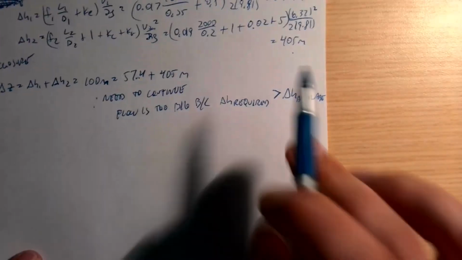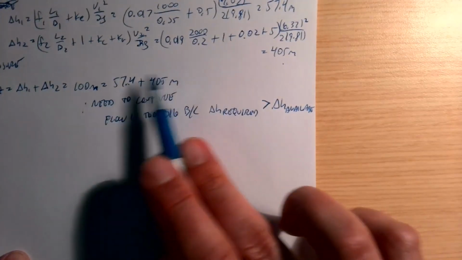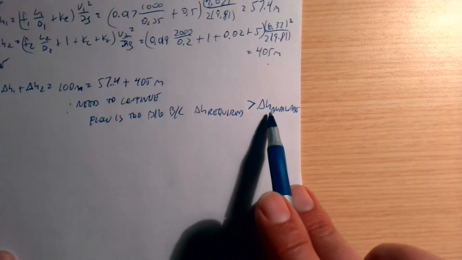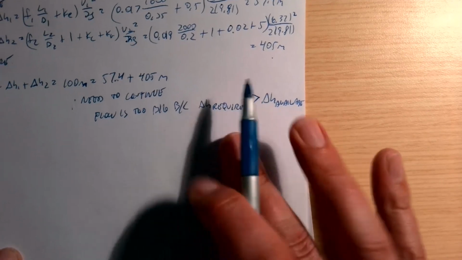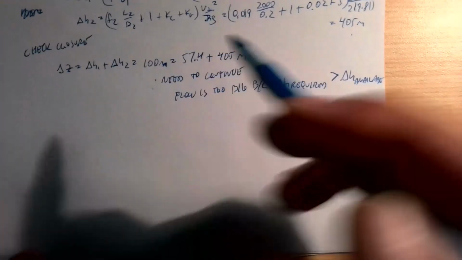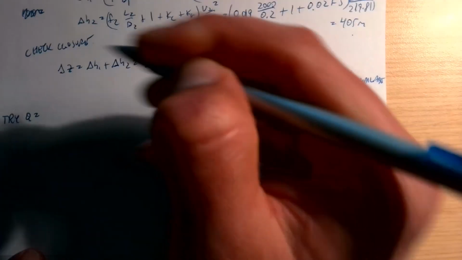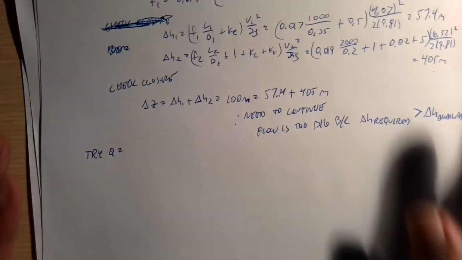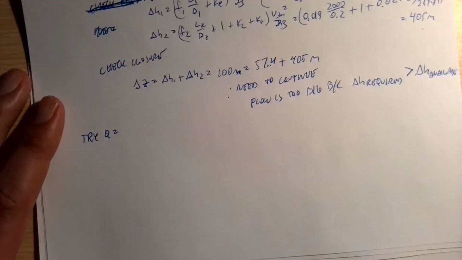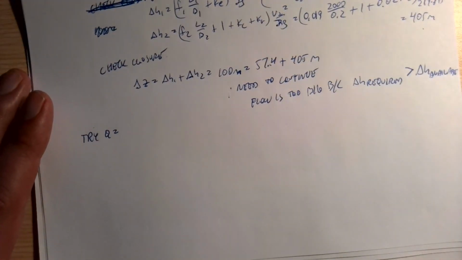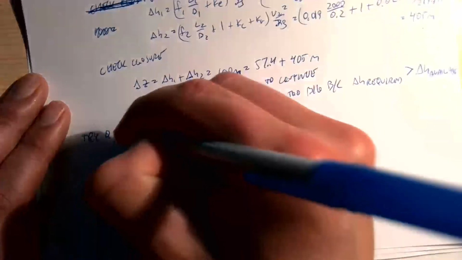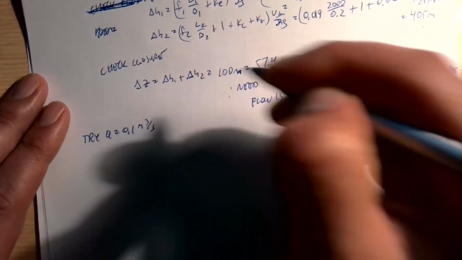The required head for this is 460 something, and then what I have is 100. So that means that I've got to bring Q down. So let's try Q equal to 0.1 meters cubed per second.